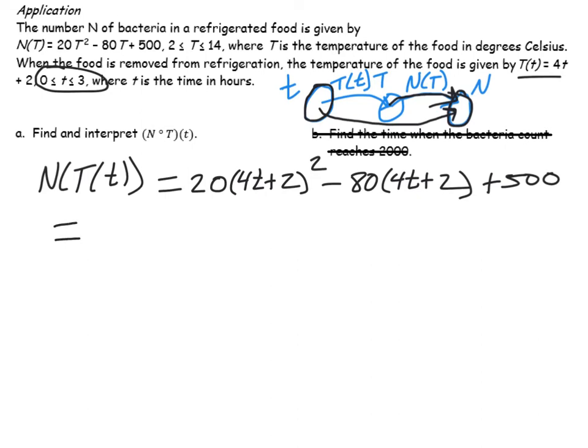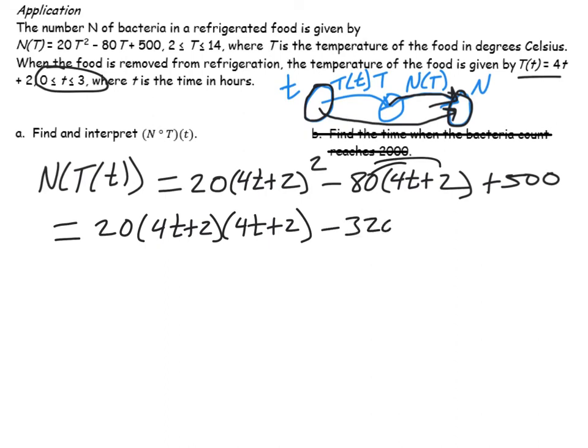All right, so here's what we're looking at. We got 20, and we've got to FOIL those two. I can go ahead and distribute the negative 80 right now and get negative 320t minus 160 plus 50. It's a lot of distributing and then a bunch of combining like terms.